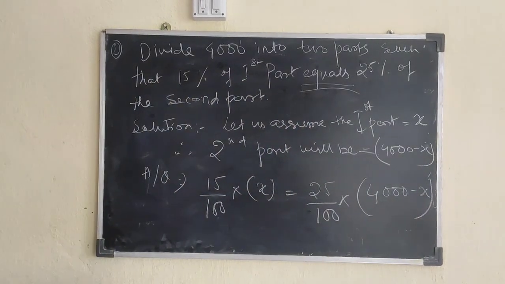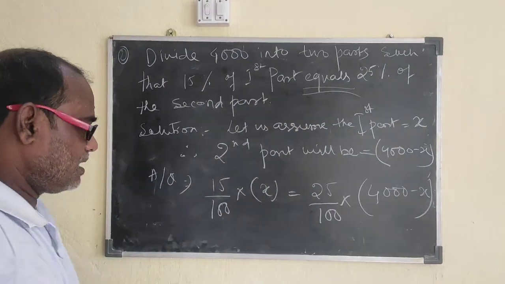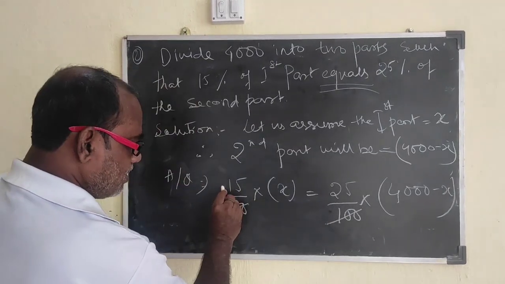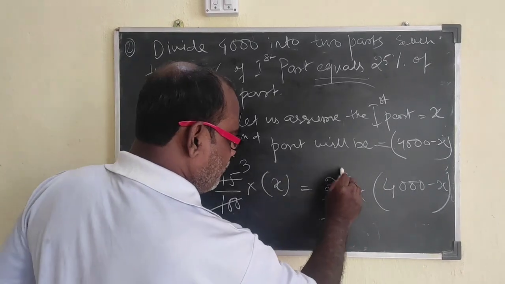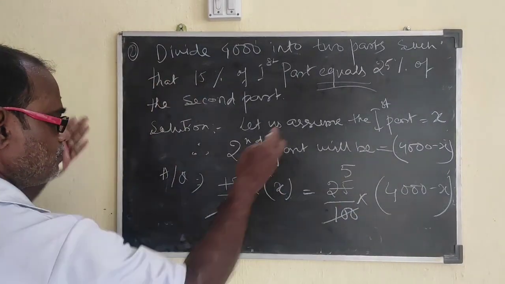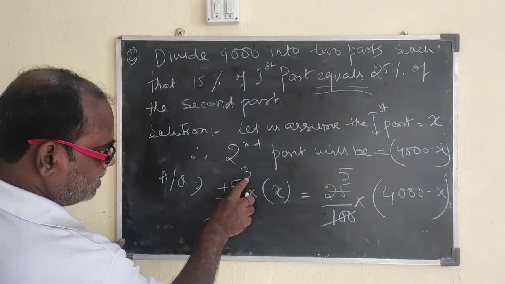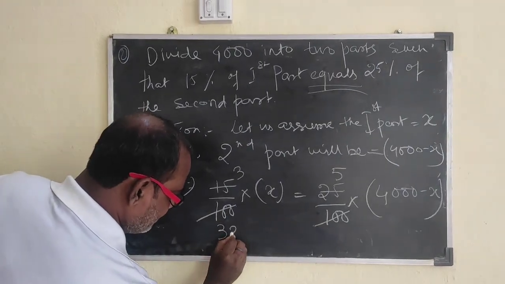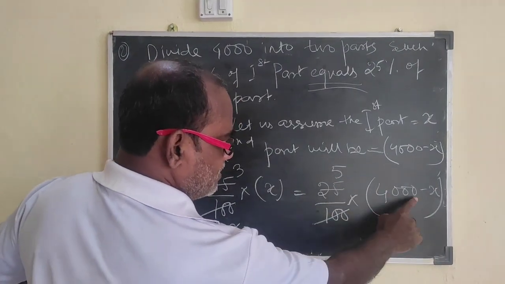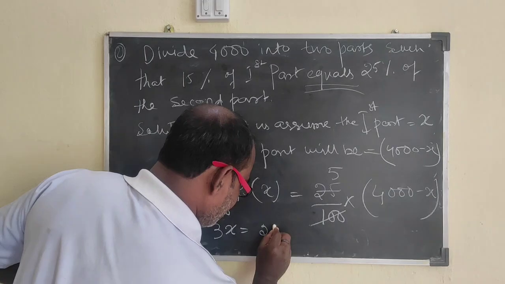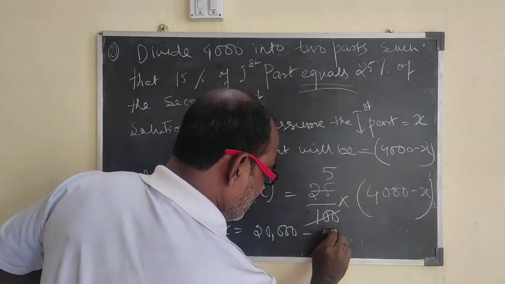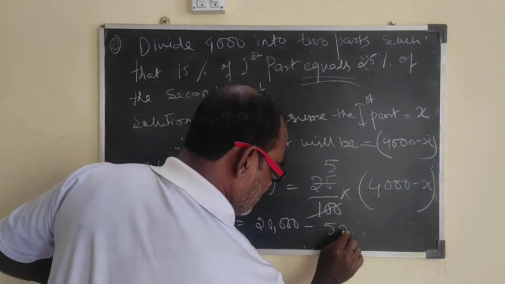Now you have to find the value of x. For simplification, you can cancel the 100 with the 100, then 5 threes are 15, 5 fives are 25. Now the simplification has become much easier. So we get 3 into x is 3x = 5 into (4000 - x), that is 20,000 - 5x.